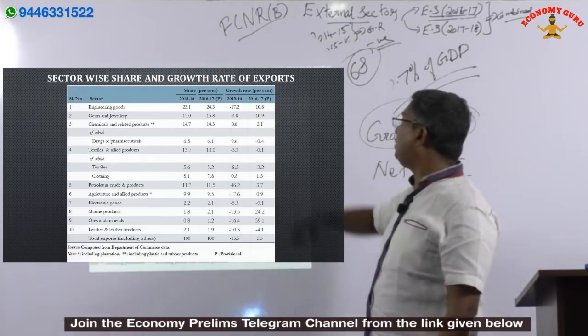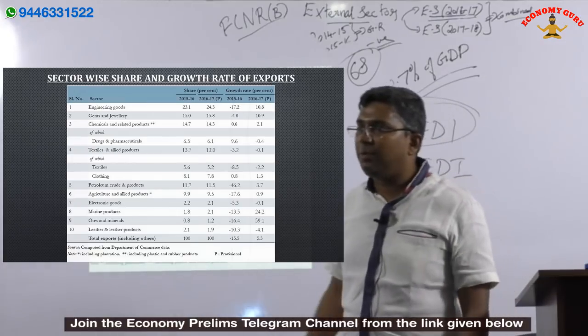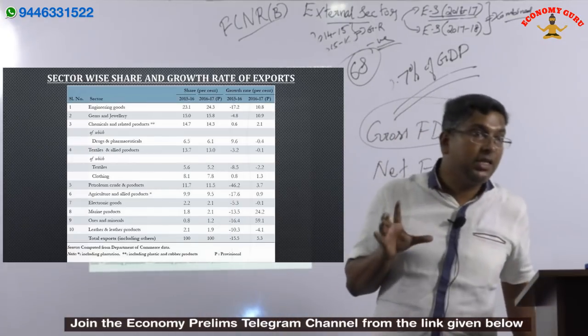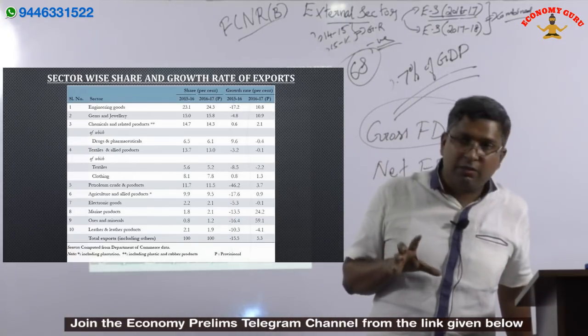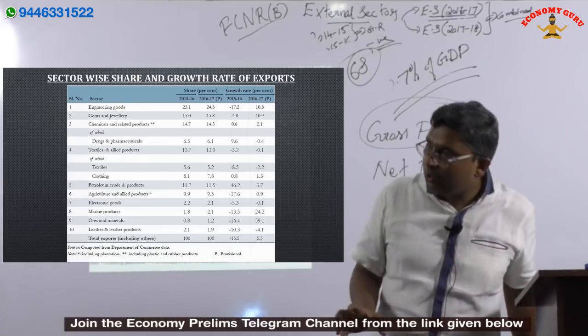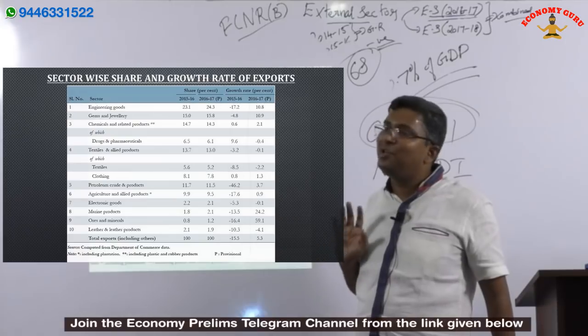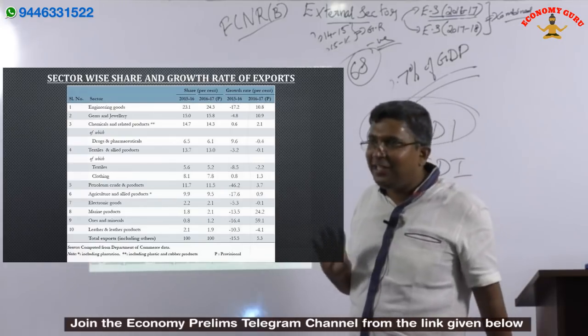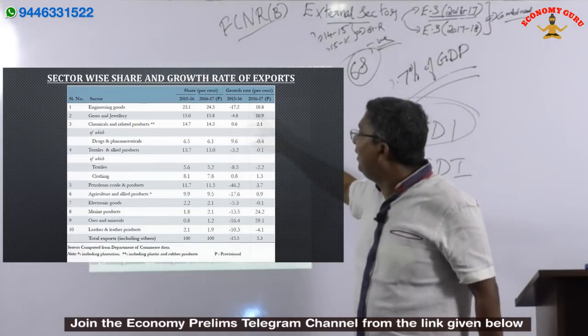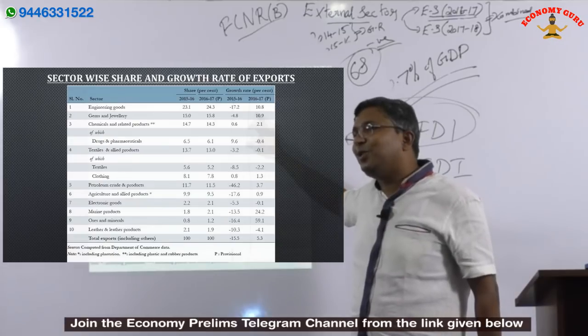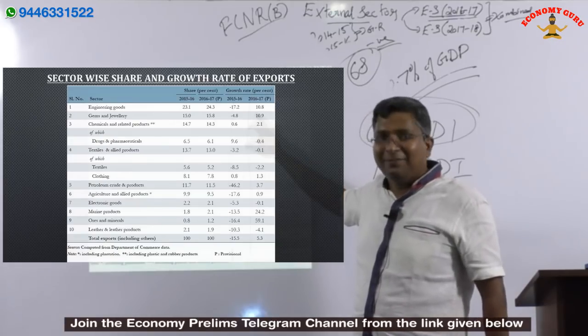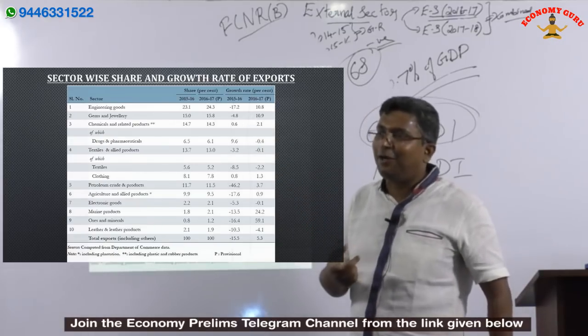almost 24% of exports is coming from engineering goods. So the highest contributor towards our exports is engineering goods, followed by gems and jewelry. Now gems and jewelry is in the news because of our great man Nirav Modi. Now all the Surat people are blaming Nirav Modi. Why? We'll discuss in the letter of undertaking.